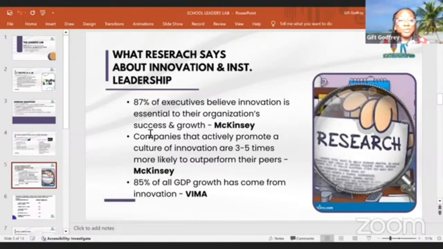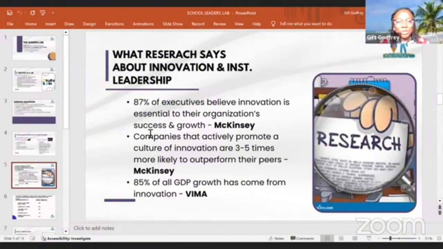Now, 87% of executives like you all over the world believe that innovation is essential to their organization's success and growth. Who is saying that? McKinsey. Of course, when you hear that name, you know they are big on research. Any evidence from them is not to be joked with, right?